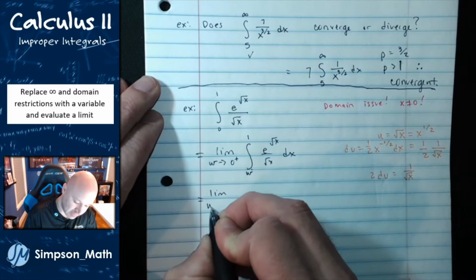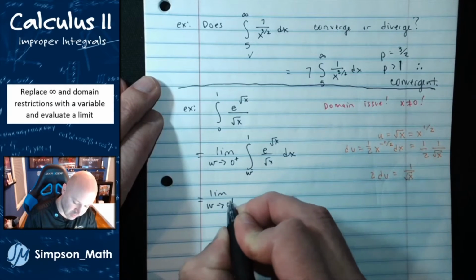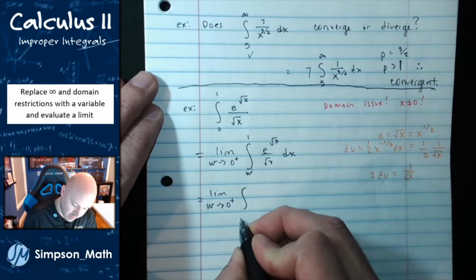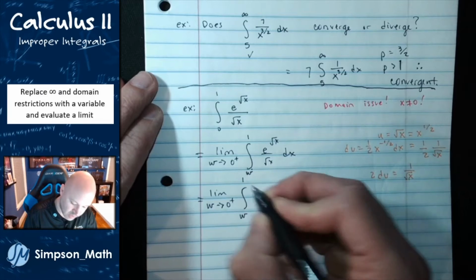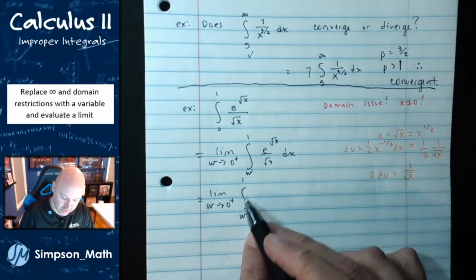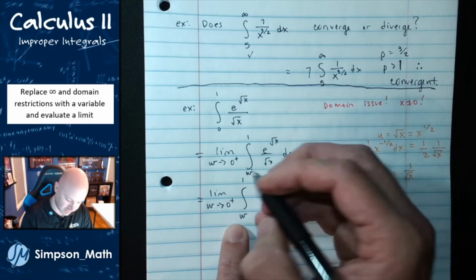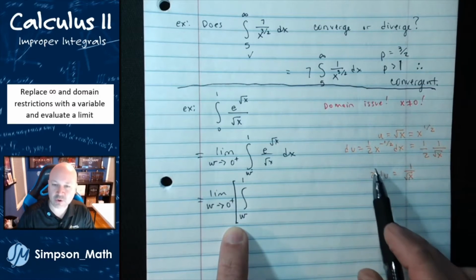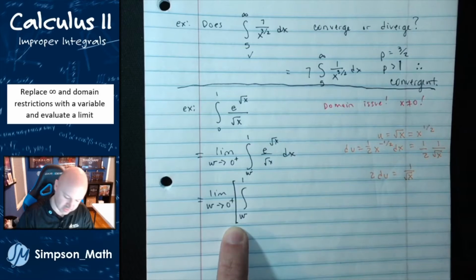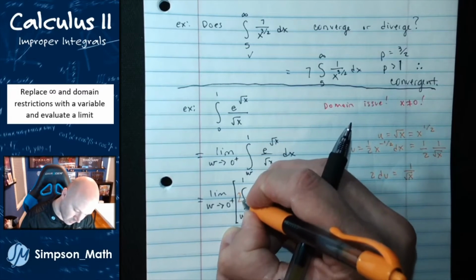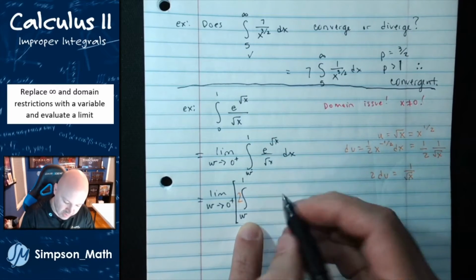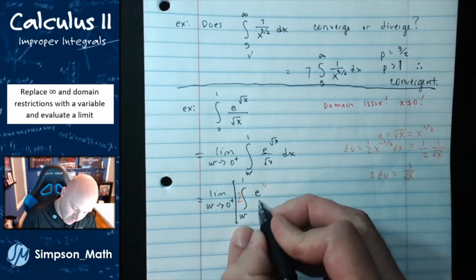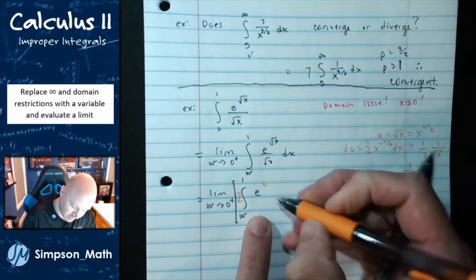And then I'm ready for some u substitution. Still evaluating the limit as omega approaches 0 from the right of the integral from omega to 1. I probably could pull that 2 out even further. Let me try that. I'm going to put that 2 out of the integration process. Then I'm writing e to the u, and that's just going to be a du.